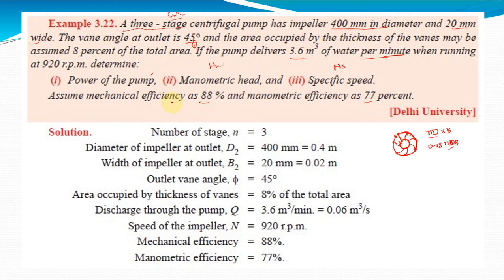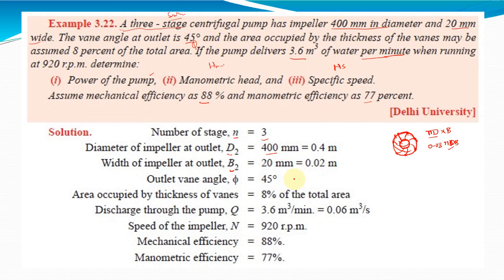First, let's write down this data. It is a three-stage pump, so n is equal to 3, number of stages 3. Diameter of the impeller at outlet: in the problem they haven't mentioned whether it is inlet diameter or outlet diameter, but we take it as the outer diameter because we need the outlet diameter.